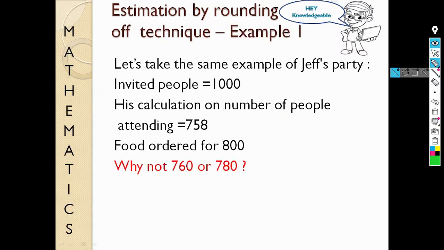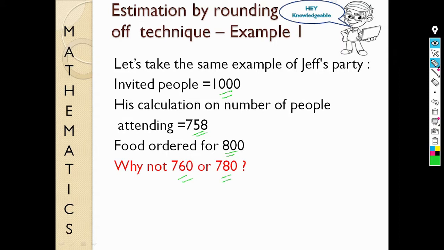So let's see one example of estimation by rounding off technique. We will take the previous example where Jeff had called 1,000 people to the party, and by his calculation of the number of people, he came to know that 758 people will come, but he ordered for 800. So he did some approximation. Why has he not ordered for 760 or 780?